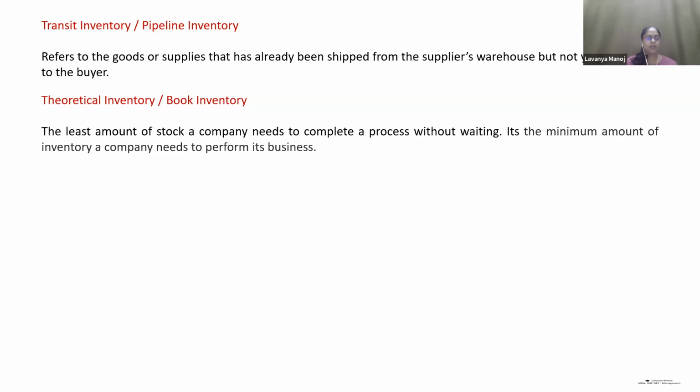After some time, if the product loses its quality or gets damaged, or the company feels this is outdated inventory since new inventory has come recently to the market, in those cases this theoretical inventory is considered dead stock and is disposed of. So that is the difference between a buffer stock and the theoretical inventory.